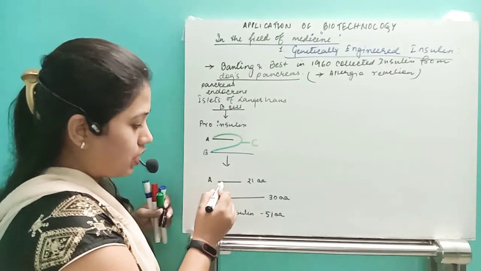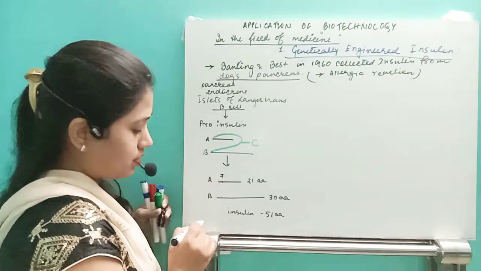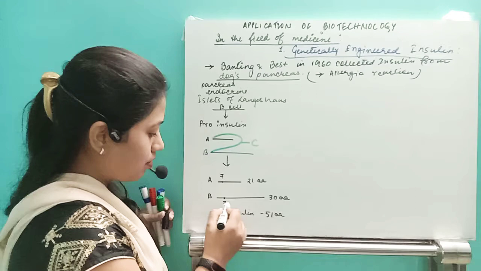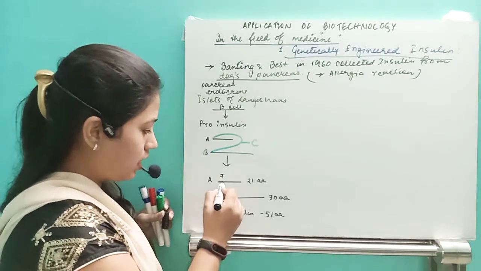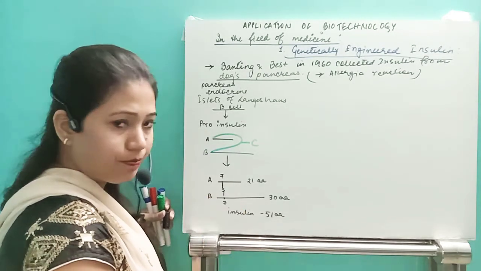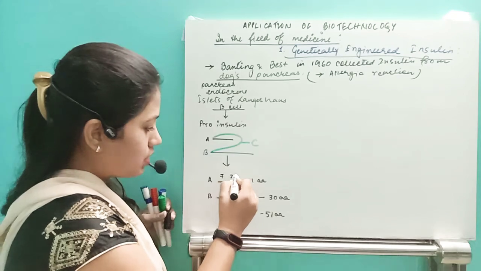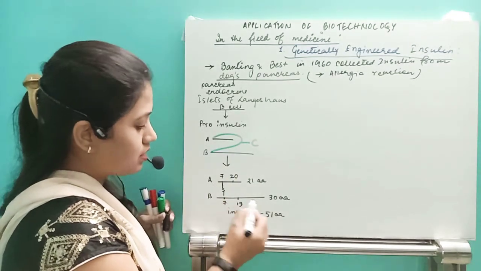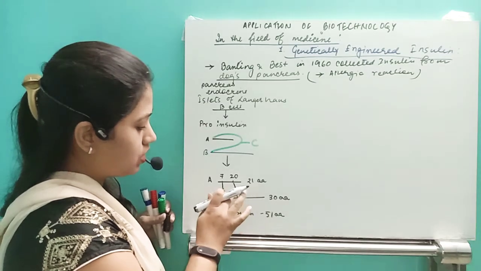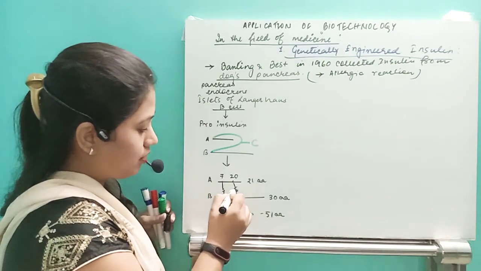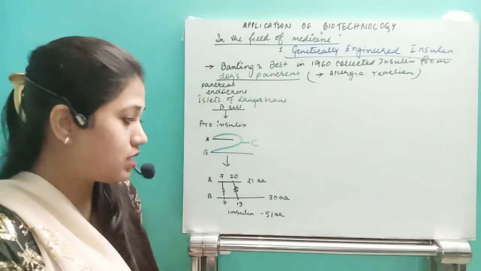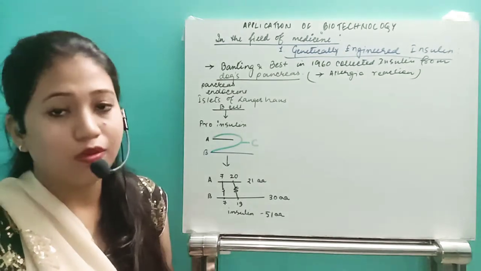In this, the 7th amino acid of the A chain with the 7th amino acid of the B chain develop a disulfide bond, and the 20th amino acid of the A chain binds with the 19th amino acid of the B chain. The second disulfide bond is formed, and this way our insulin is synthesized in our body.